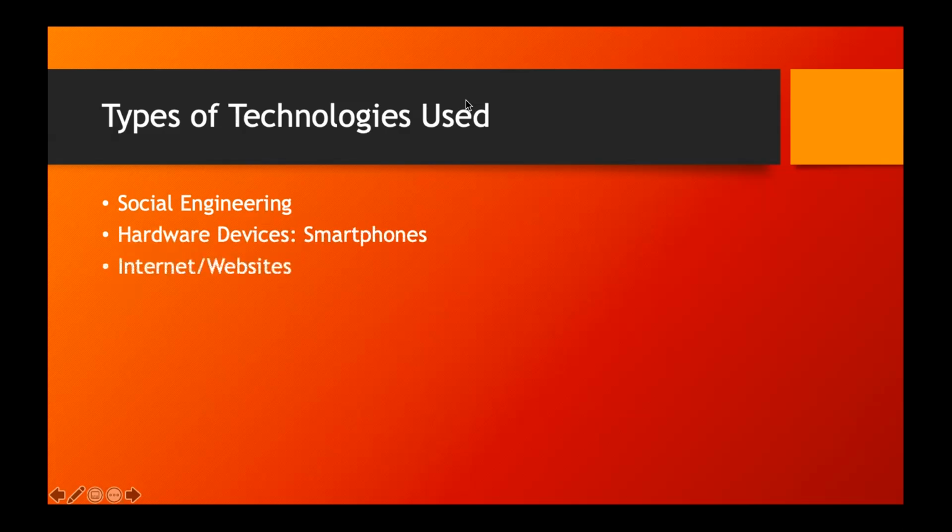The types of ways students cheat include social engineering, by tricking school administrators or teachers into raising their grades. Smartphones, which is how you get the apps to do your cheating. Websites, there are a lot of websites out there that can help with that.